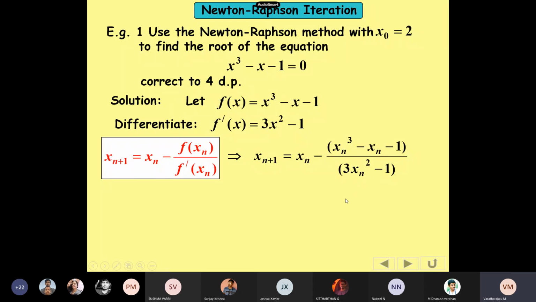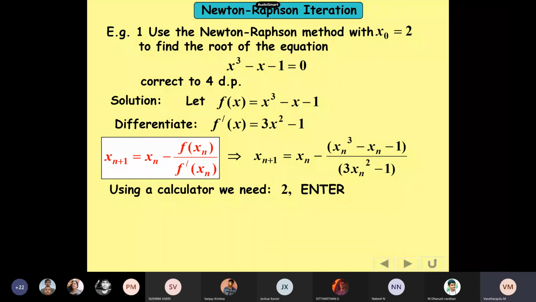Now take your calculator and apply this information. Earlier you give 2 and press enter.